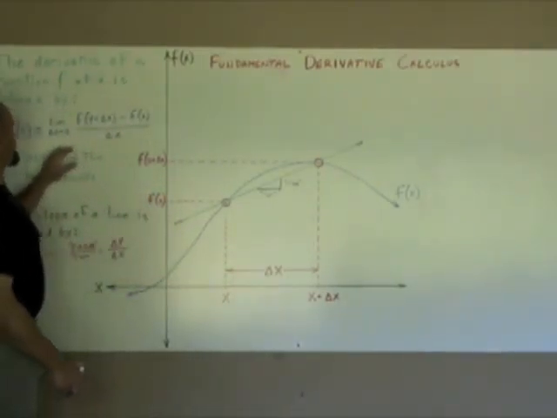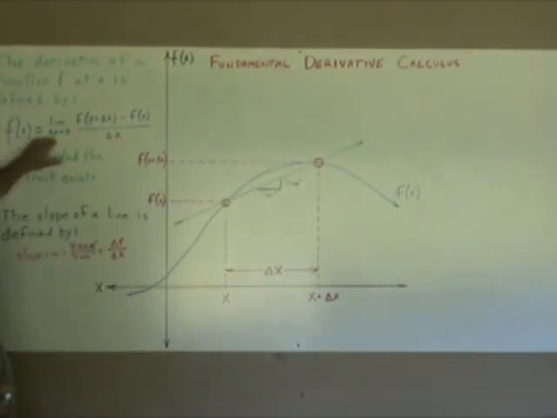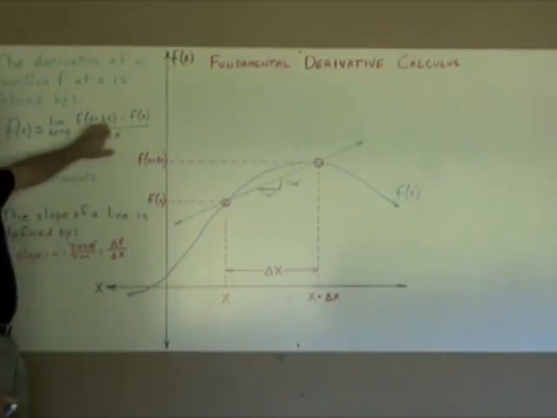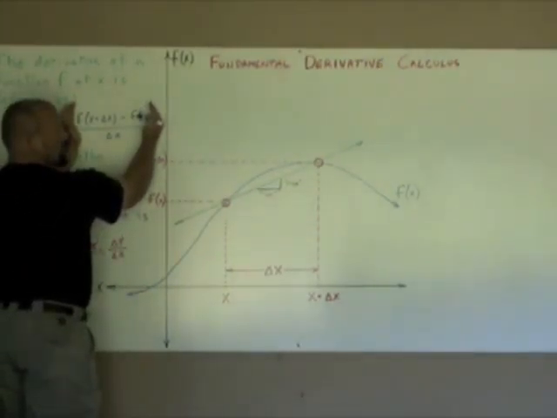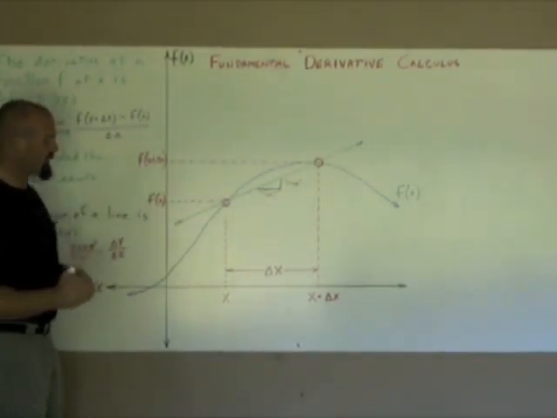If I take from our definition of a derivative, f prime of x, the limit as delta x goes to 0 of f of x plus delta x minus f of x divided by delta x, all we're going to do is look at this portion right here, and we're going to determine where we get that.